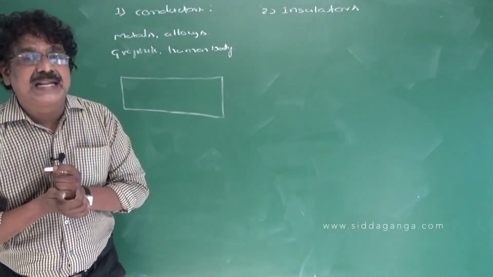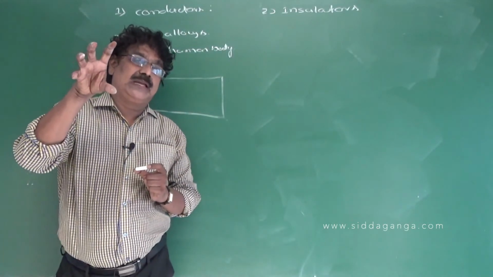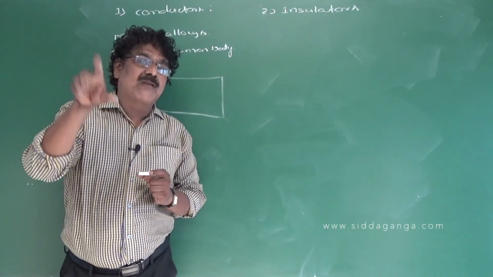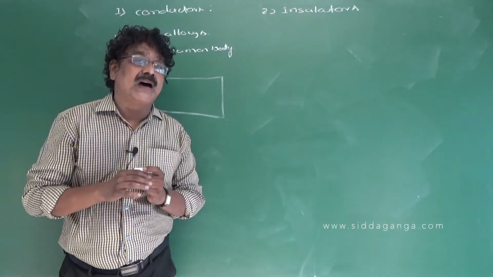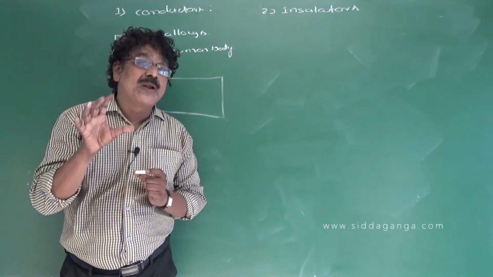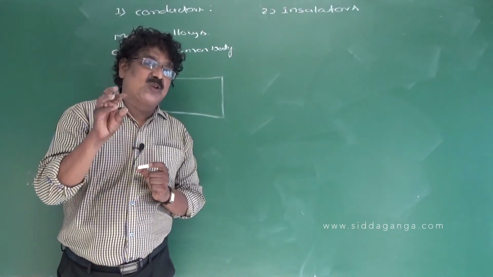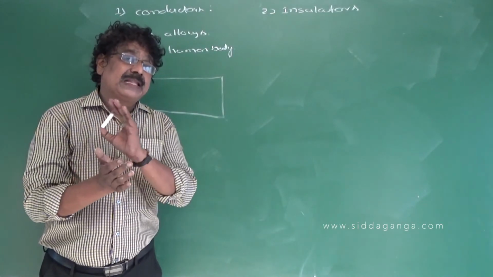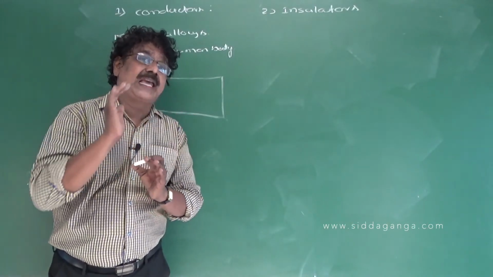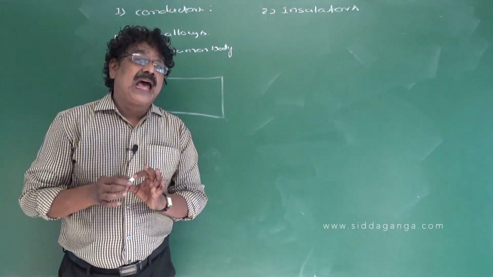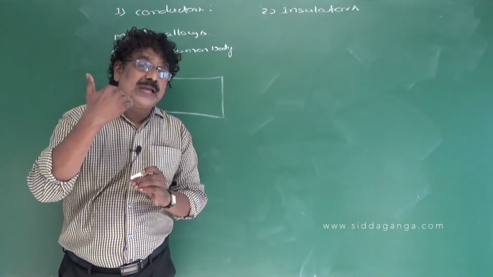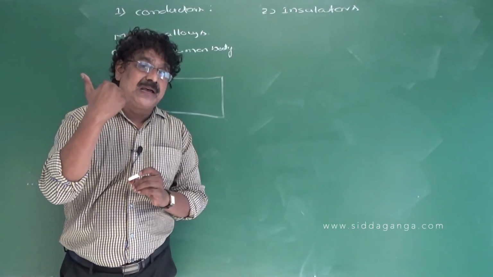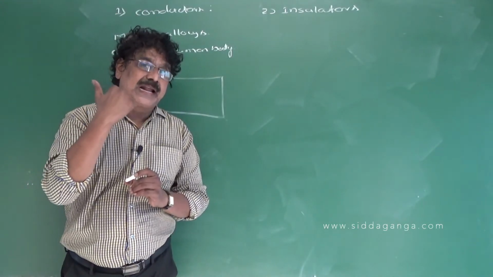In metals, the electrons in the outermost orbits are loosely bound to the nucleus. The electrostatic force of attraction is very less. They can easily escape from the atom and move through the interatomic space between the atoms.